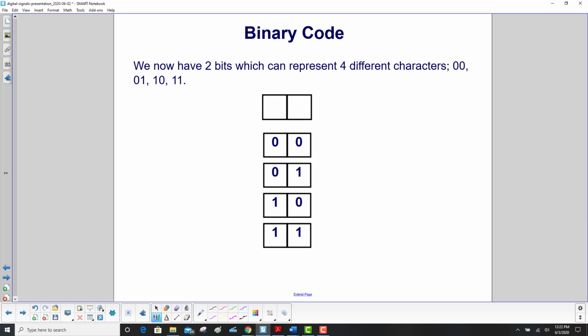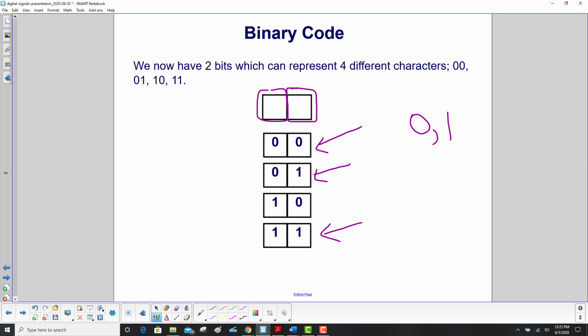Let's put two bits together. Here's one bit and here's another bit. How many ways can we fill them up with either a 0 or a 1 and get something different? Okay, we can have a 0 and a 0. That's a good place to start. Or we could have a 1 and a 1. Now let's go from the top again. We'll keep the first 0, and instead of the second 0, we'll put a 1 in. Is 0, 1 different from 0, 0 and 1, 1?